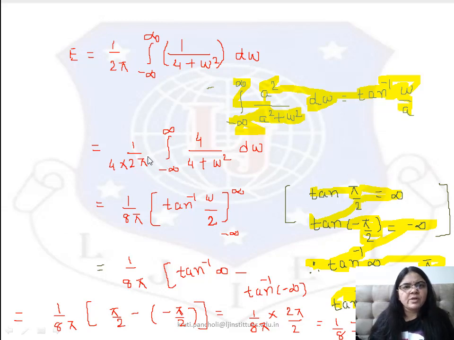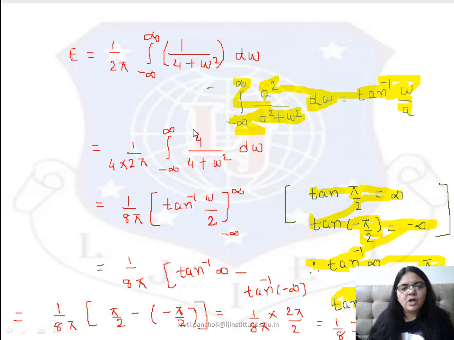Okay, so that is the function. Now we know that the integral from −∞ to ∞ of a²/(a² + ω²) dω gives tan inverse of ω upon a. Now I need to convert the equation into this form. Here we need a².